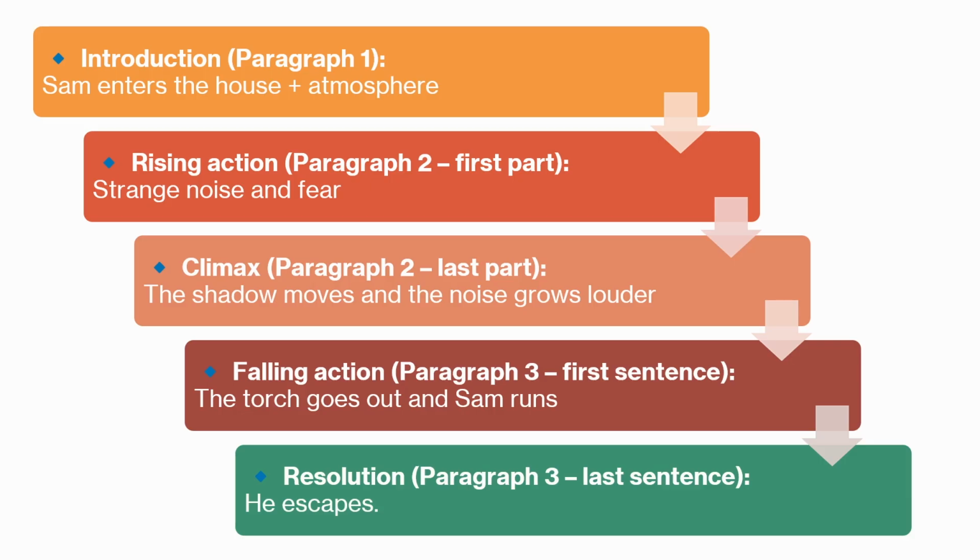Now, guys, we are going to apply the story mountain to this story. We will write 3 paragraphs. In the first paragraph, we will introduce the main character and the setting together with the atmosphere. In the second paragraph, we will start with the rising action, building up the events that will lead to the main problem.